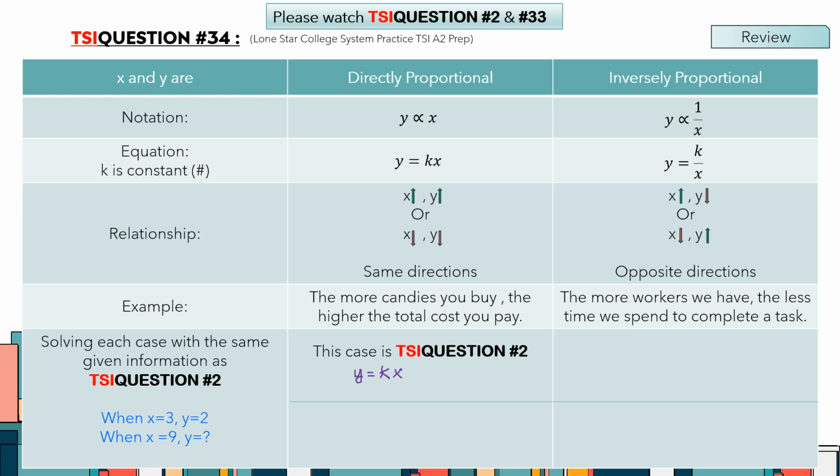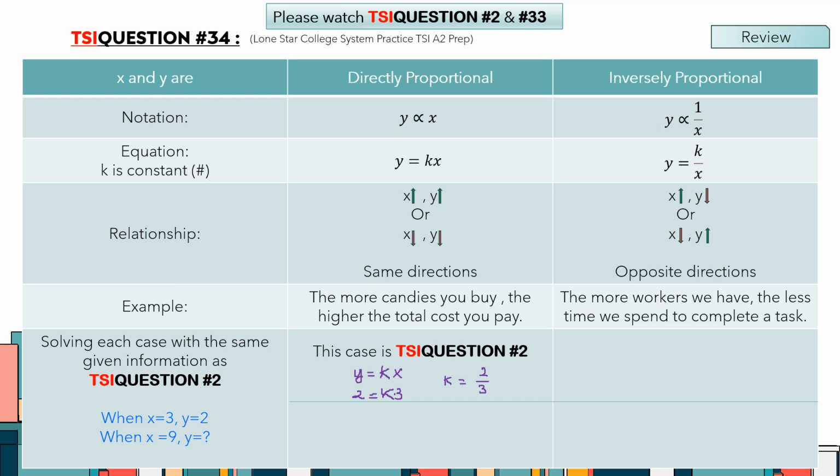That is our formula. But now we have to find what k is. So the first relationship is y equals 2 and x equals 3. So you have 2 equals k times 3. So we find k. K will be equal to 2 over 3.